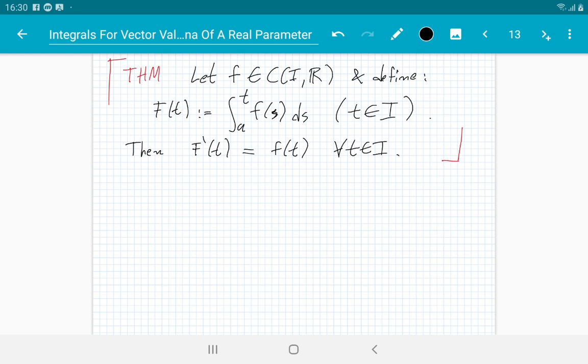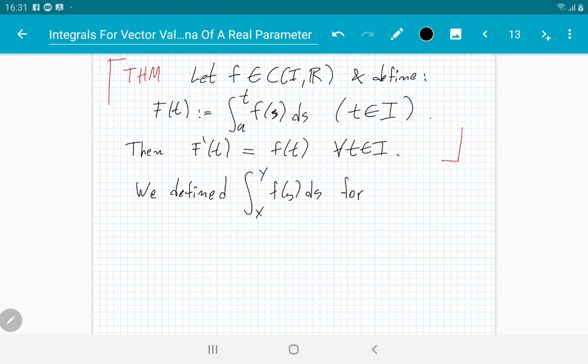Okay, how do we prove this? So for this, it turns out to be convenient to have the following convention. So we defined the integral from x to y of f of s ds. Of course, this s inside the integral is just a dummy variable.